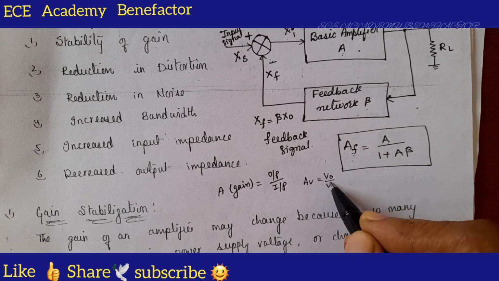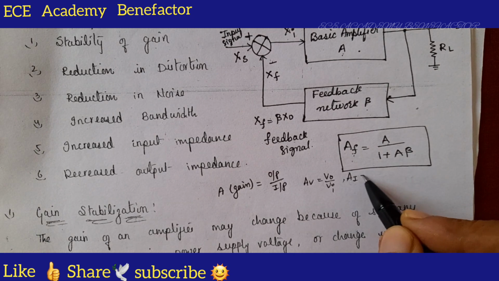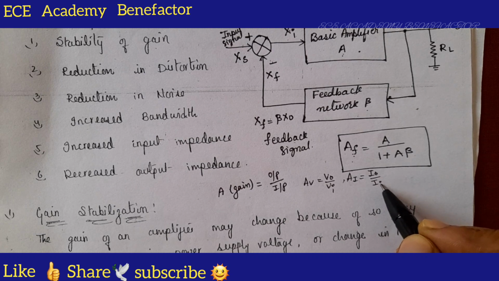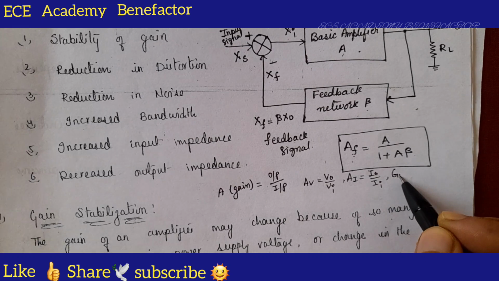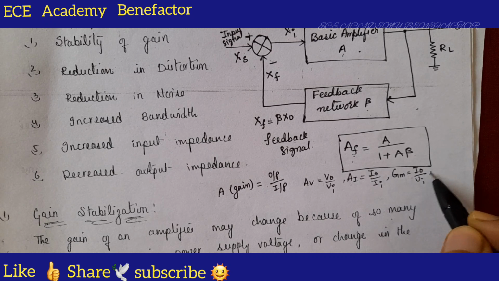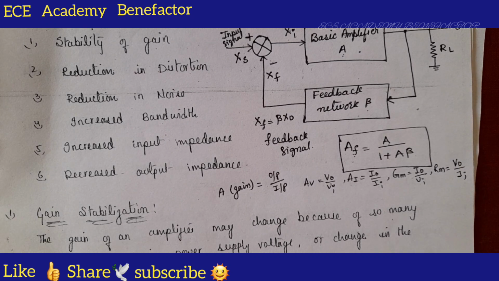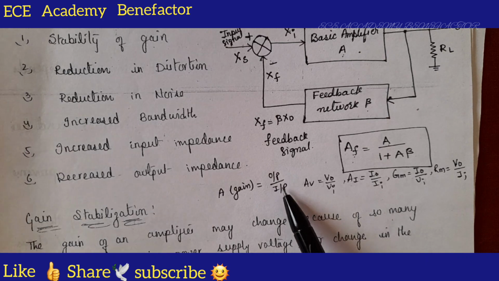V naught by Vi. Current gain AI. AI is equal to I naught by Ii. Transconductance GM is equal to I naught by Vi. Trans resistance gain V naught by Ii. So, these are the gains. Gain means output by input.